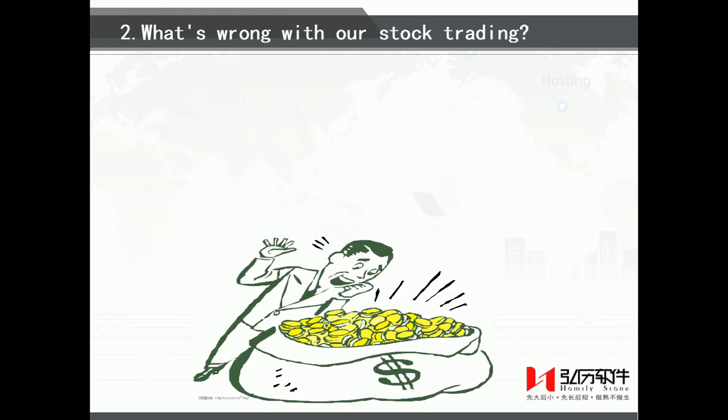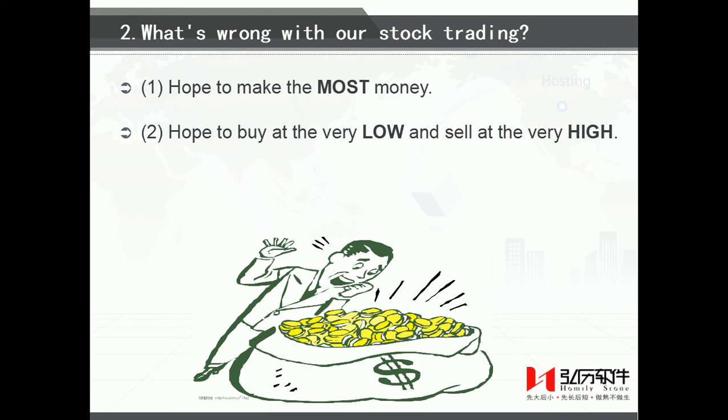What's wrong? So there is another question: what's wrong with us? Here I divide it into several points. The first is all retailers hope to make the most money. We want to make the most money, right? The second is hoping to buy at the very low and sell at the very high.